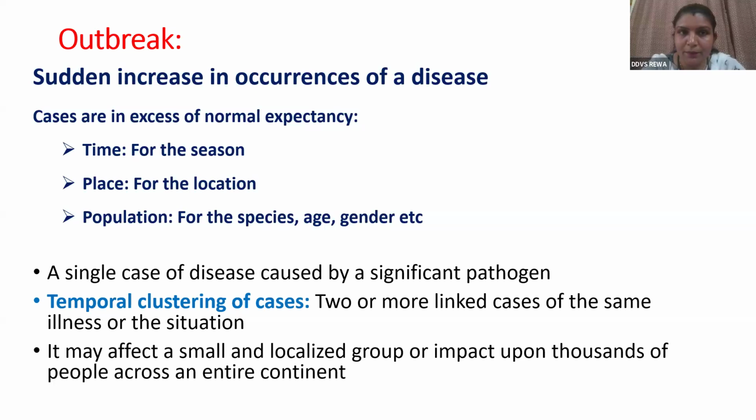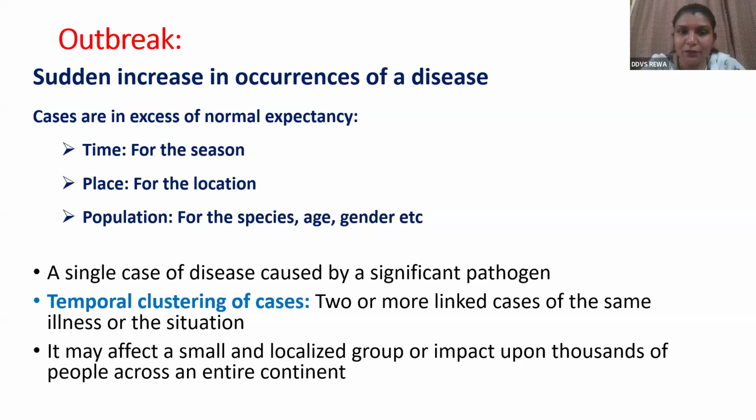So the expected frequency is related with time, place, and population. Species is also very important. If the disease is occurring in a new species, then it will be termed an outbreak, or epidemic.